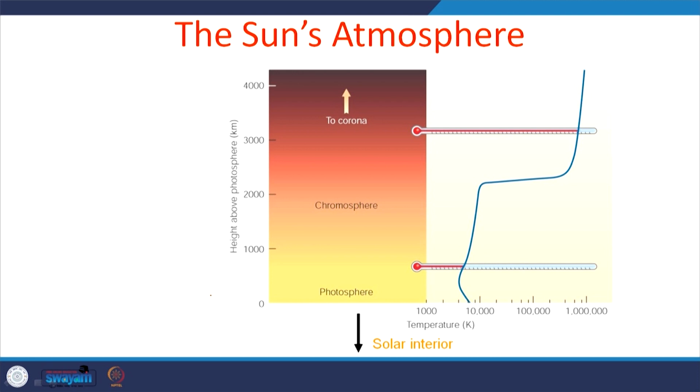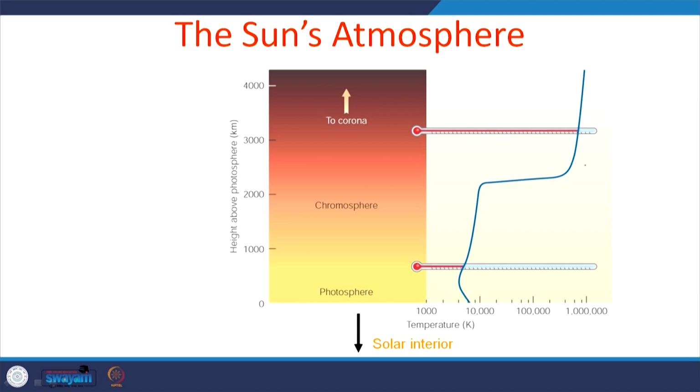If you look at this figure, what is important is that the level 0 on the y axis is the surface, also called the photosphere, and you take the height from there. The temperature starts at somewhere around 6000 Kelvin, then it rises.